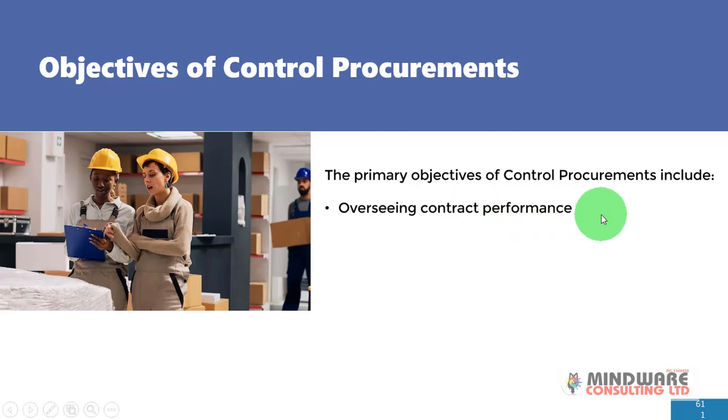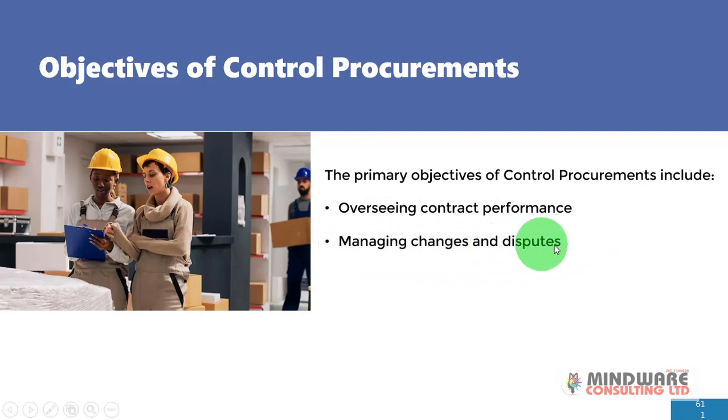The contract that has been awarded has to be carried out to the letter and in line with the project management plan, aimed at meeting the objectives of the project. A very vital aspect is overseeing the performance of the contract awarded to the seller, to ensure that he does what he's supposed to do, when he's supposed to do it, and how he's supposed to do it, to meet the project's objective.